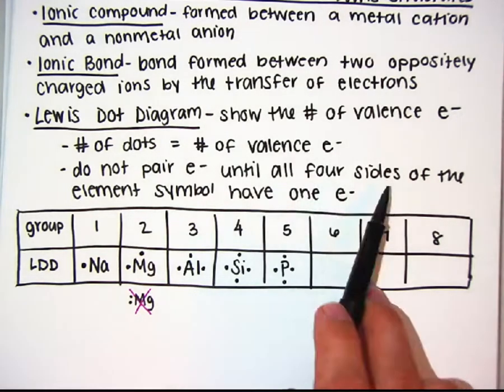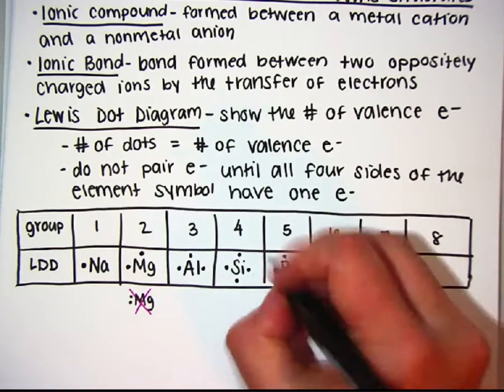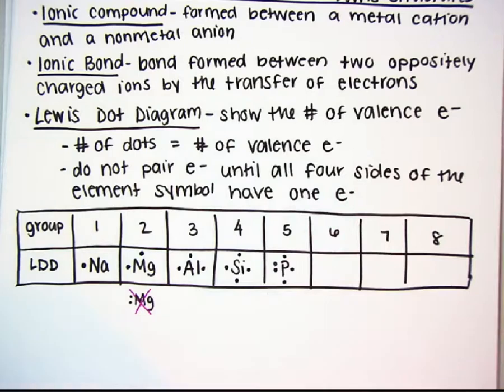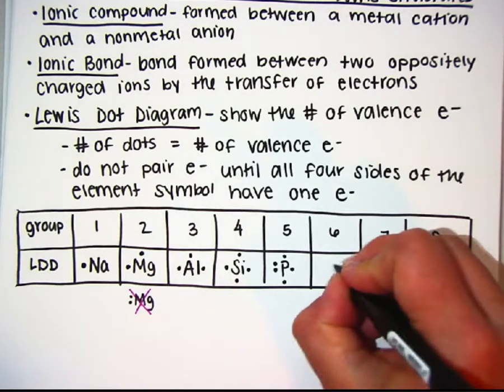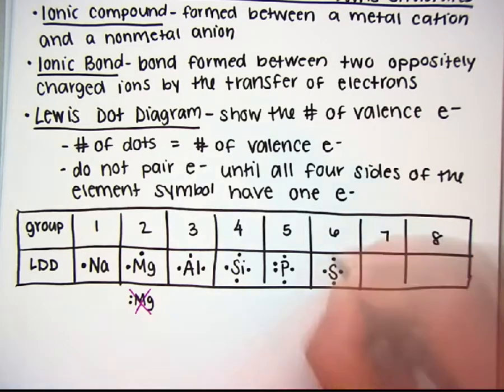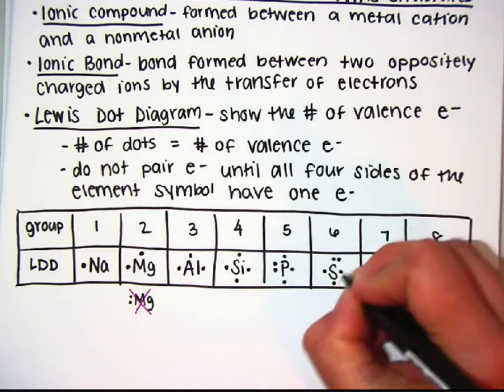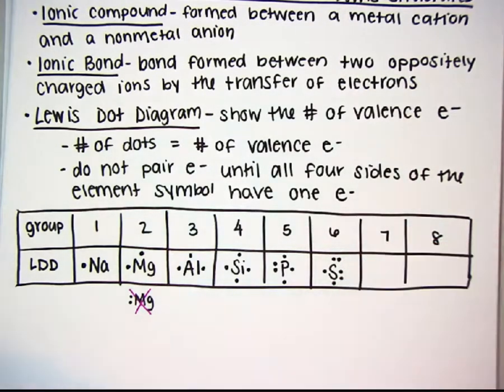Once all 4 sides of the element symbol have their 1 electron, now we can go back and pair up. Next would be sulfur. 1, 2, 3, 4. Fill those 4 sides first. Now I can go back and pair. 5, 6.